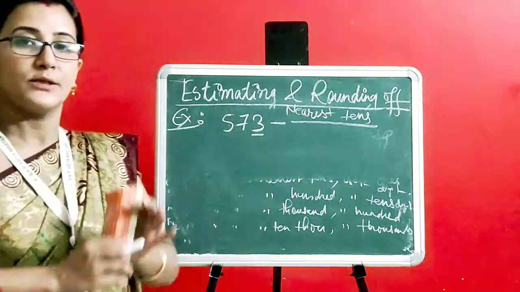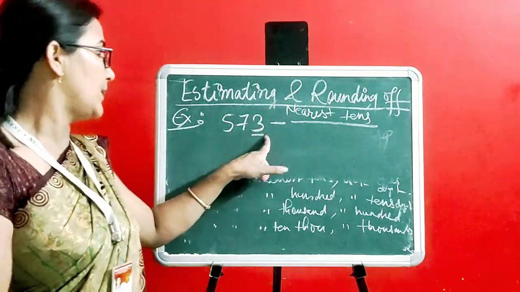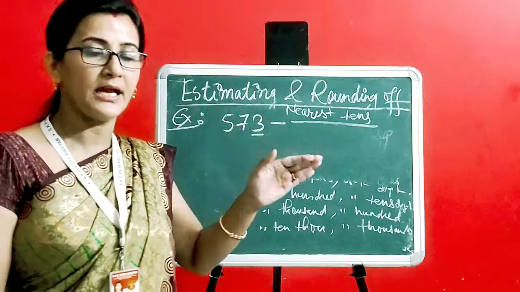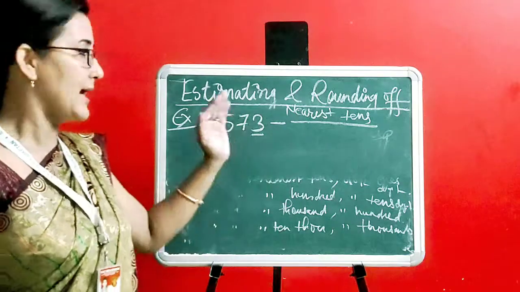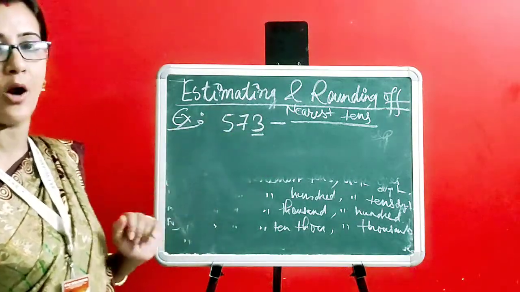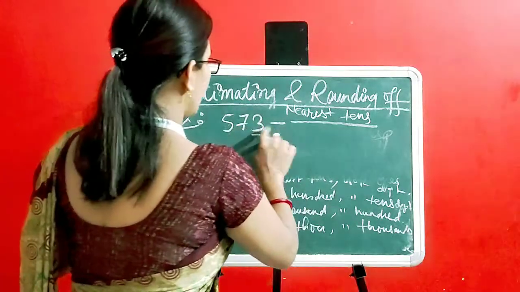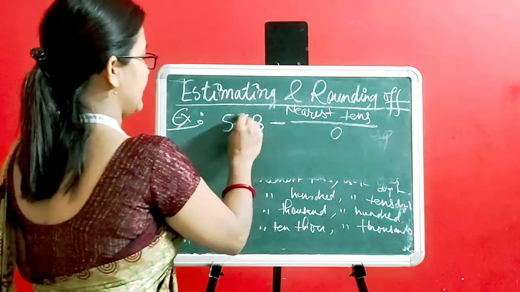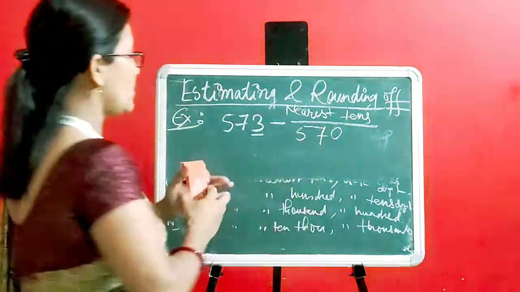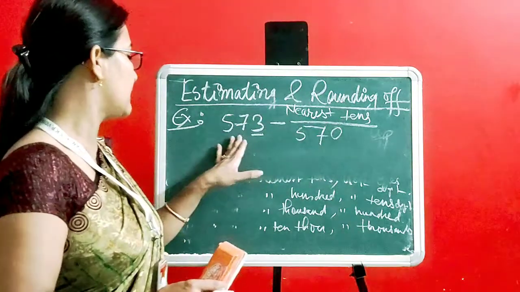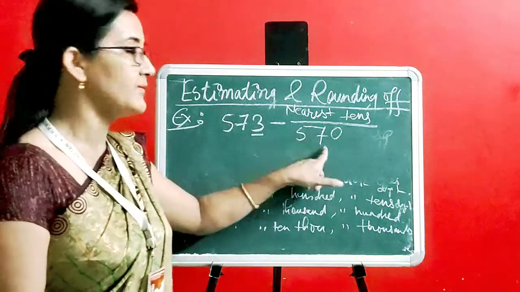Here in the ones place it is 3. In the general rules I said that if the digit is greater than or equal to 5, it will be rounded up, and if it is less than 5, it will be rounded down. Here 3 is less than 5, so in place of 3 it will be 0, and the 7 will remain as it is, and 5. So 573 rounded to the nearest tens is 570.